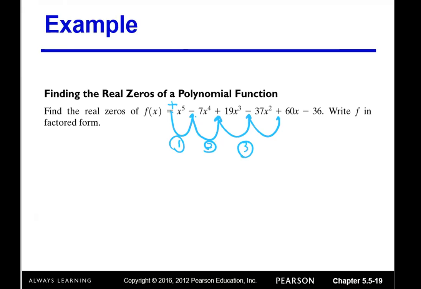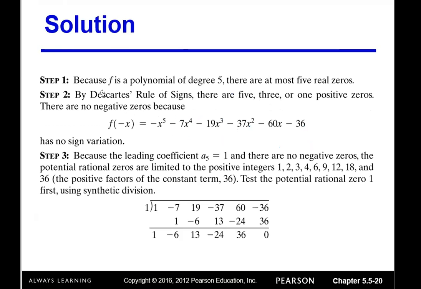From negative to positive, there's a fourth. And from positive back to negative, there's a fifth. So it's either going to be 5, 5 minus 2 is 3, or 5 minus 4 is 1. Should be 5, 3, or 1 positive zeros.